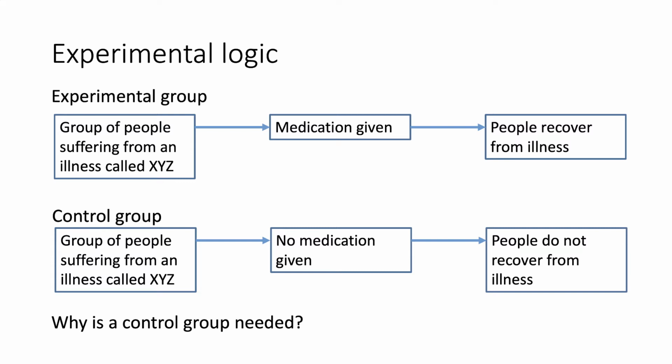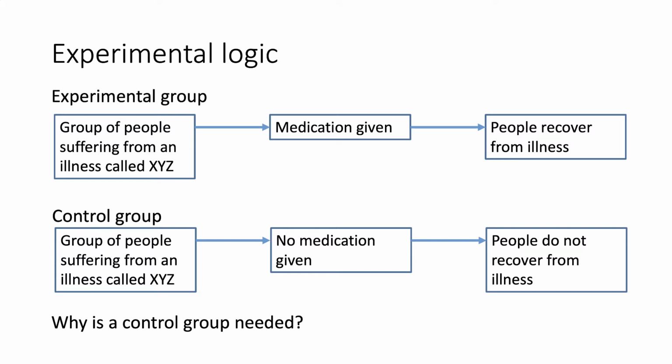You could give them medication, then you could go and look and see if they recover. Now that in itself is a good start, but the good thing about experiments is that they include control groups, and it is probably important for you to ponder what the addition of a control group to an experiment like that would bring.